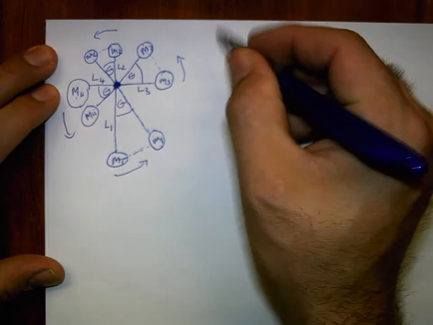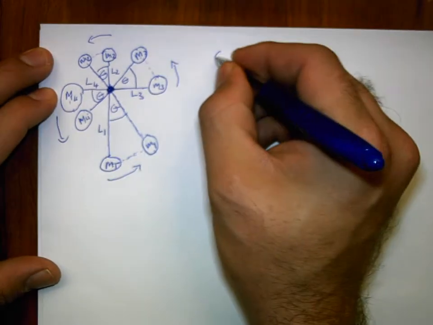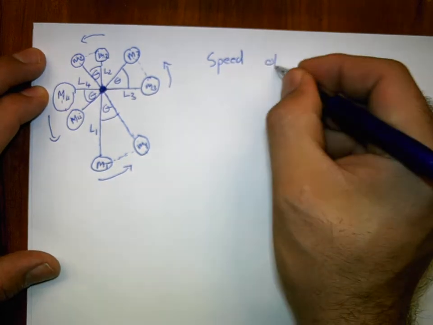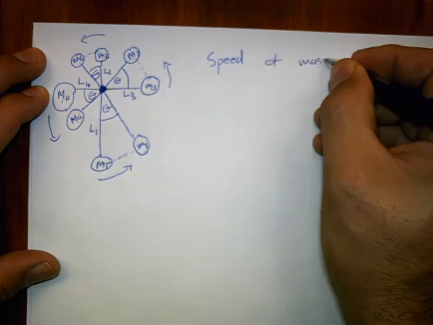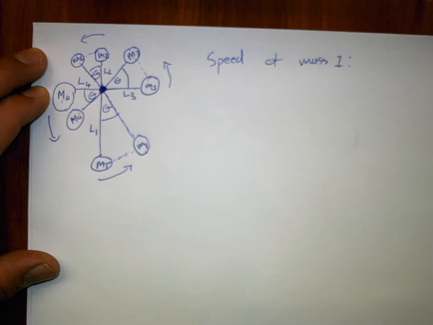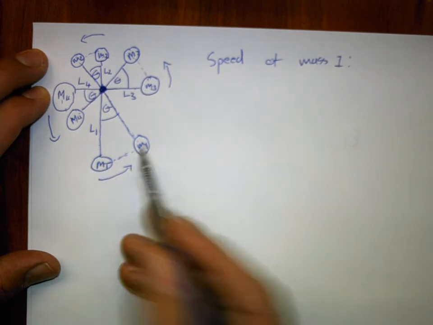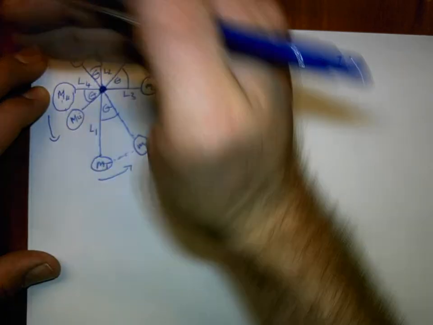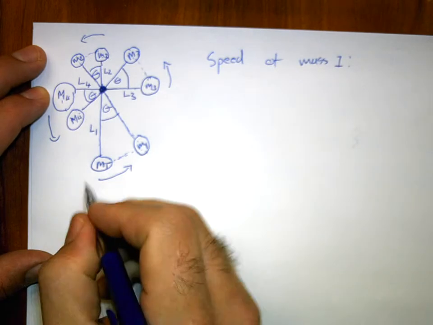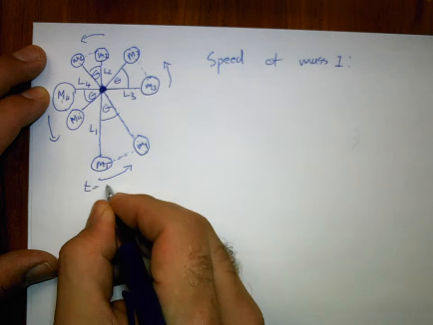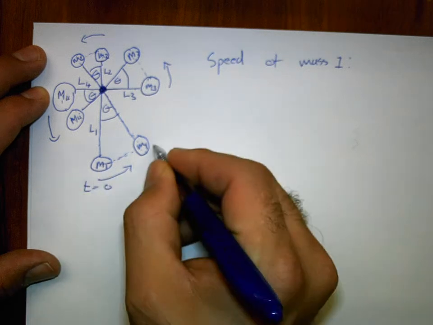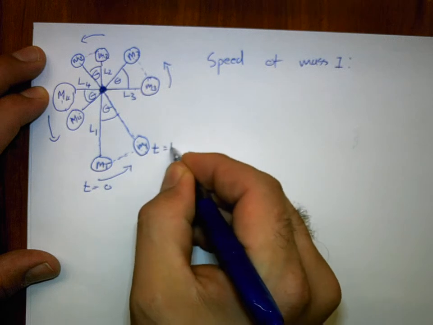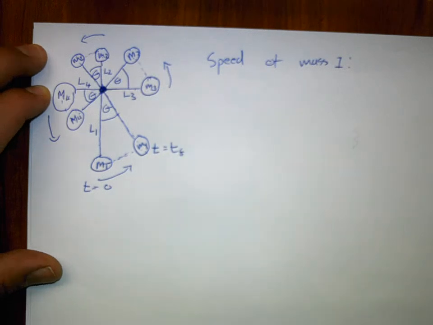So if we look, for example, at the speed, not the angular speed, just the regular old speed of mass 1, so of this mass, let's say the cross was, as I drew it, at some point time 0, and it rotated through an angle theta at some time t final.